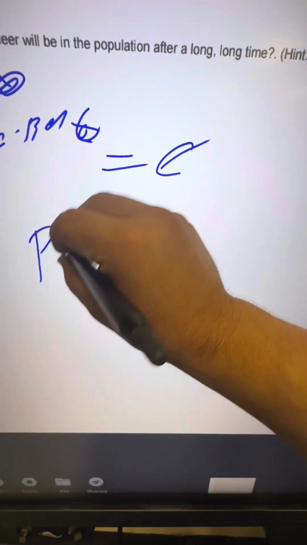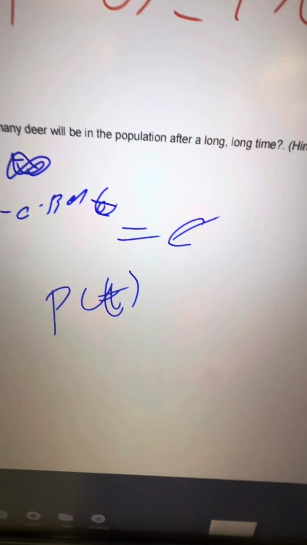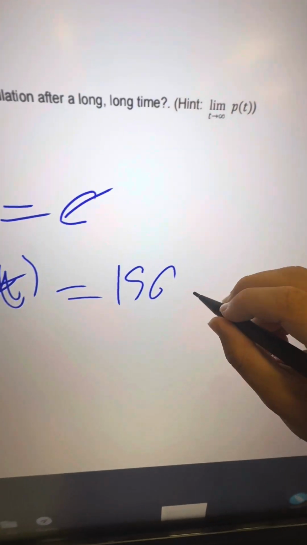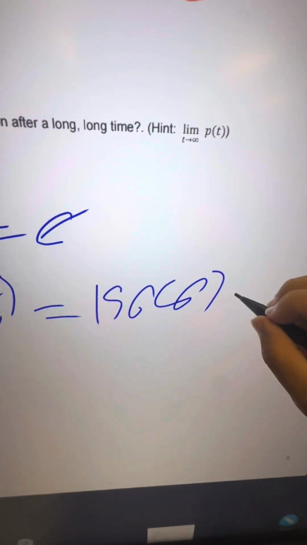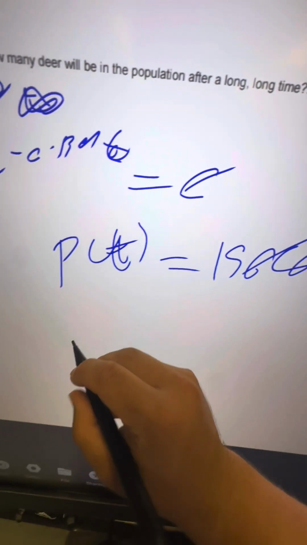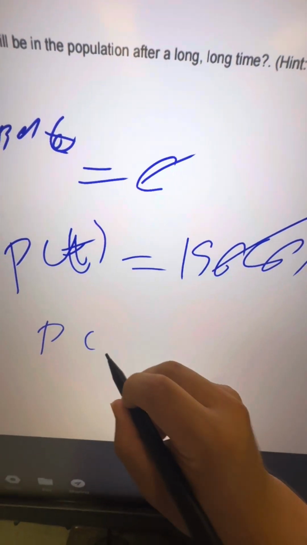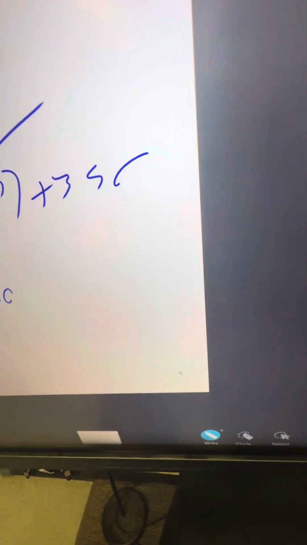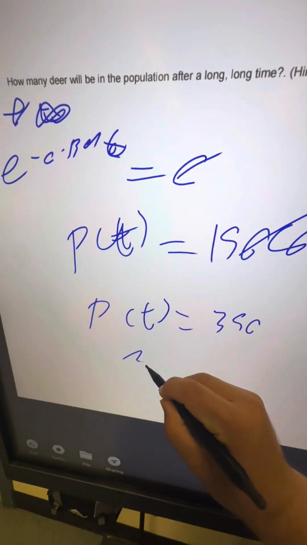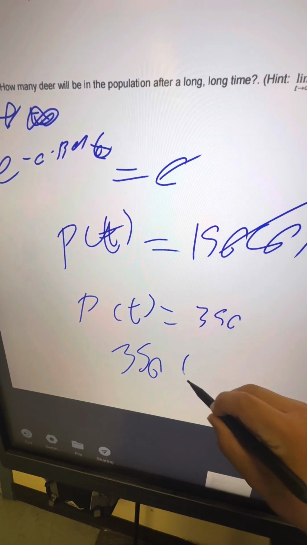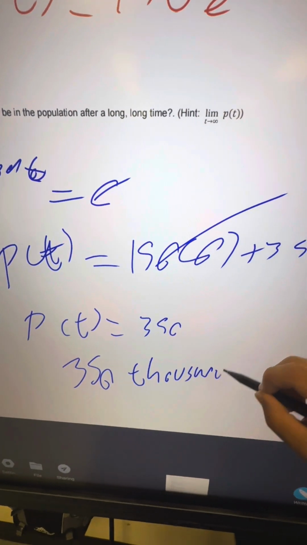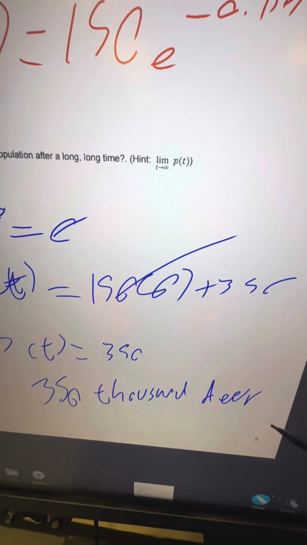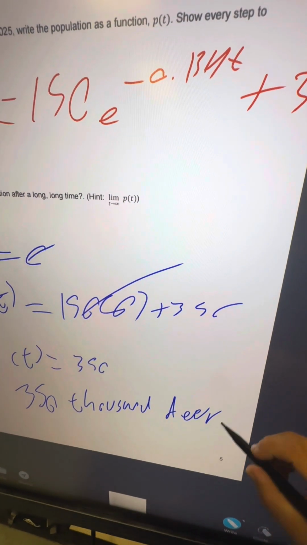And then that just means P(t) equals 150 times 0 plus 350. That cancels out. P(t) equals 350. What this means is that 350,000 is the population after a long time.